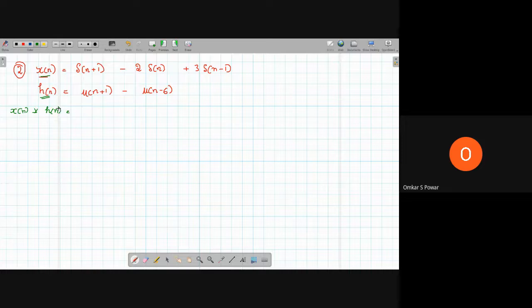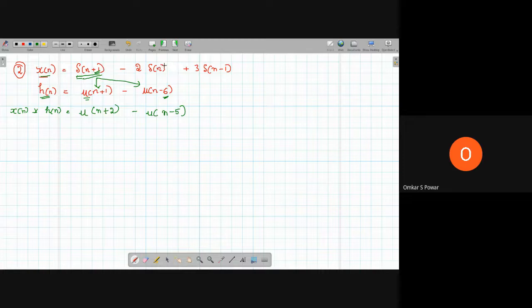So when they have given like this, convolution of del function and unit step function, you will get unit step function itself. It is a similar way, take individually and multiply. Okay, the same step. So u of n plus 2 minus u of n minus 5, because n minus 6 here plus 1 here.